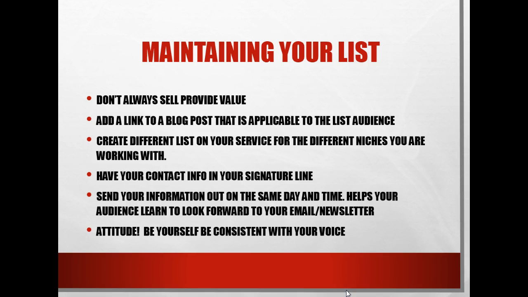Add a link to a blog post that is applicable to the list audience. Give a little snippet. If you wrote a blog post, 10 ways to train your dog, you might want to put two of those tips in the email list and the link to the blog post.